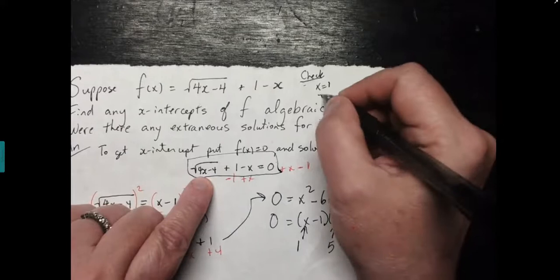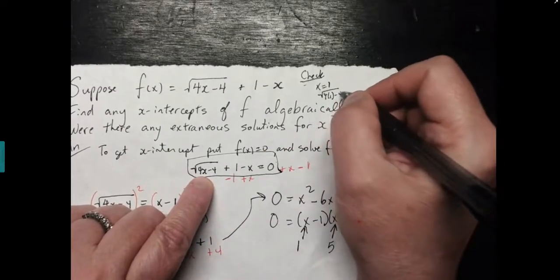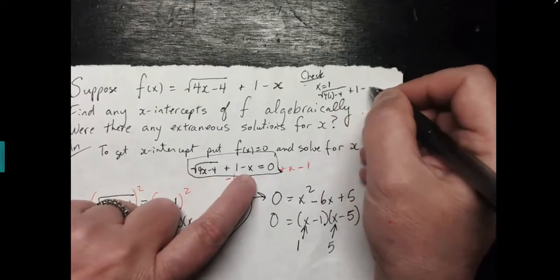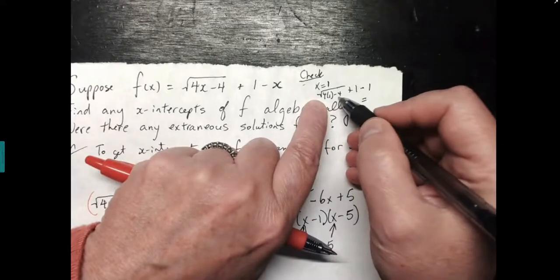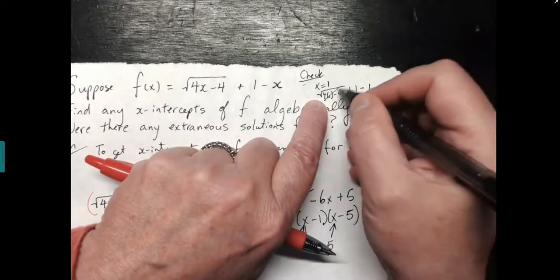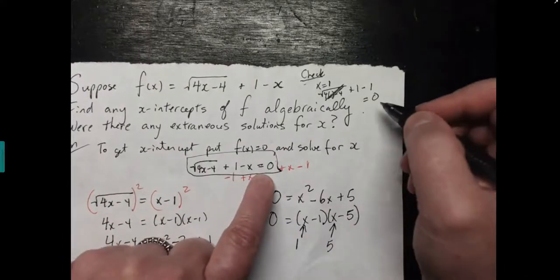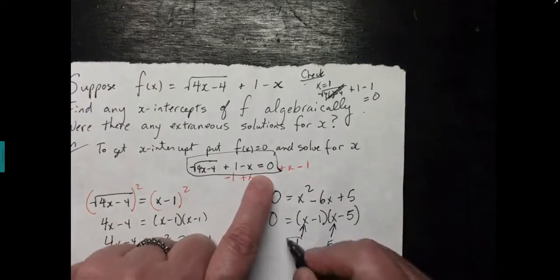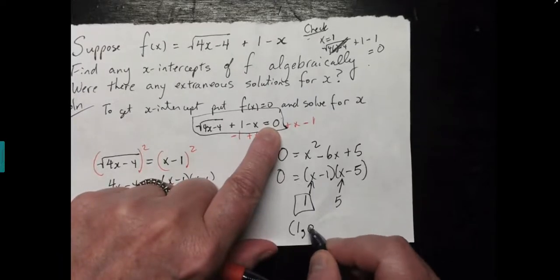Then this becomes the square root of 4 times 1 minus 4 plus 1 minus 1. And what's that equal to? Well, that's the square root of 4 minus 4, which is square root of 0, which is 0. And then 1 minus 1 is 0. And so that is fine, yes. So we have an x-intercept at the point 1, 0.